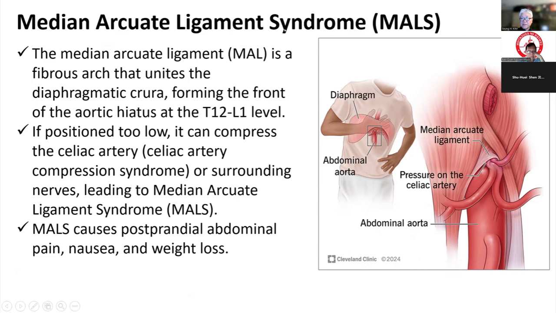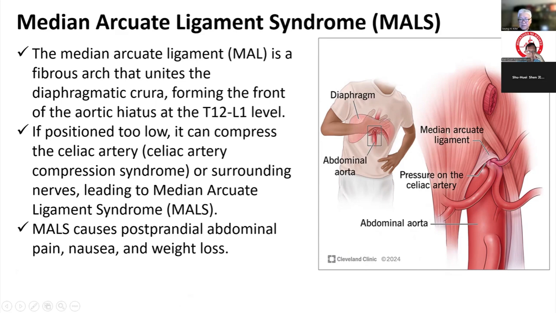The median arcuate syndrome, as I said, is where the celiac vessel is compressed by the median arcuate ligament. This median arcuate ligament is continuous with the diaphragmatic crus, and this is forming the front of the aortic hiatus at the level of the T12 and L1 vertebral level.